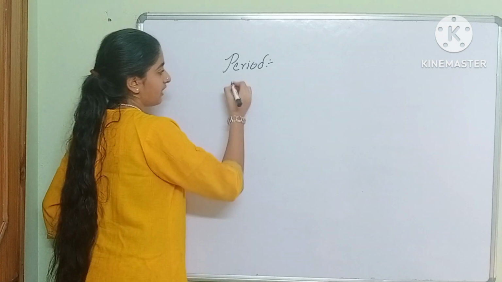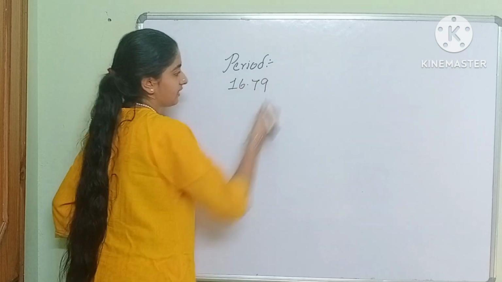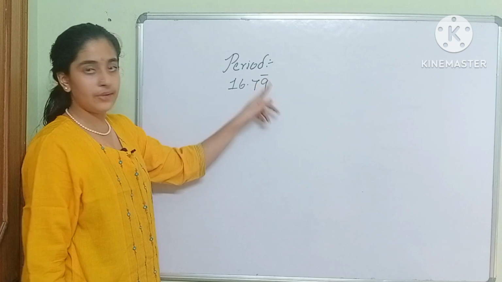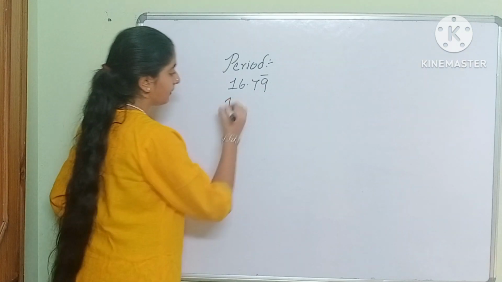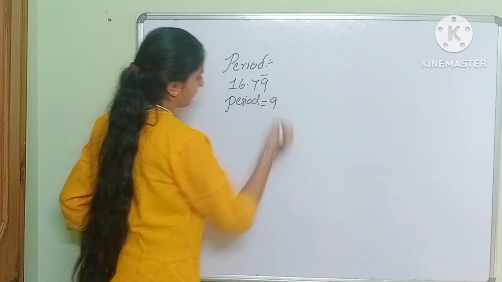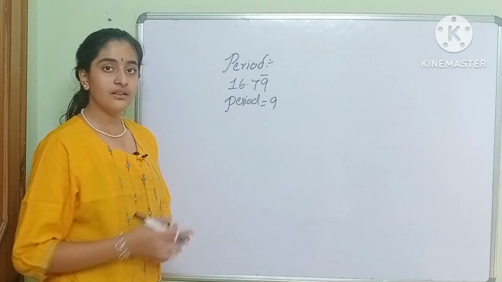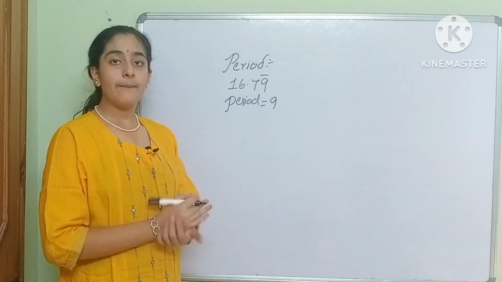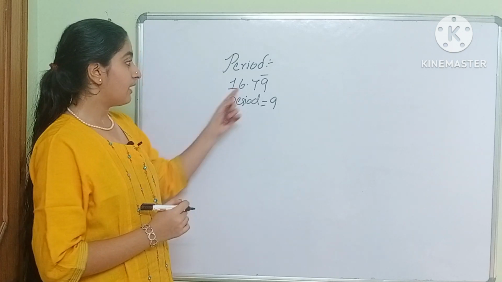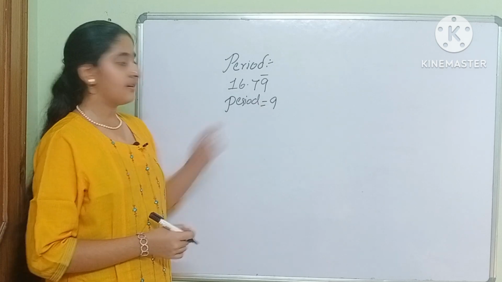For example, 16.79 bar. Here 9 is in the recurring part, so the period will be 9.